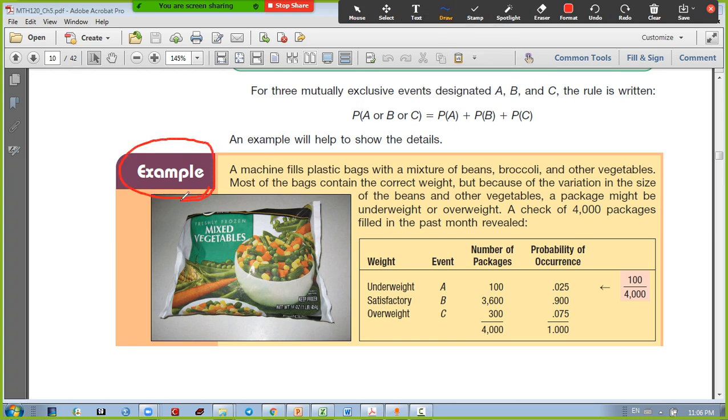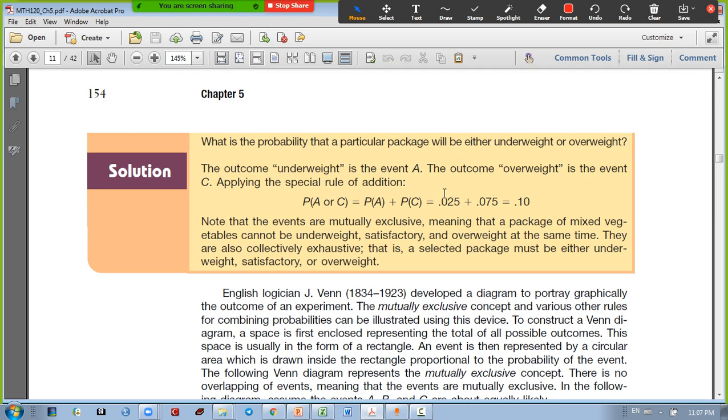I think you must study the example in order to be clear about the special rule of addition. This one has three events, A, B and C. Okay, this is the solution.